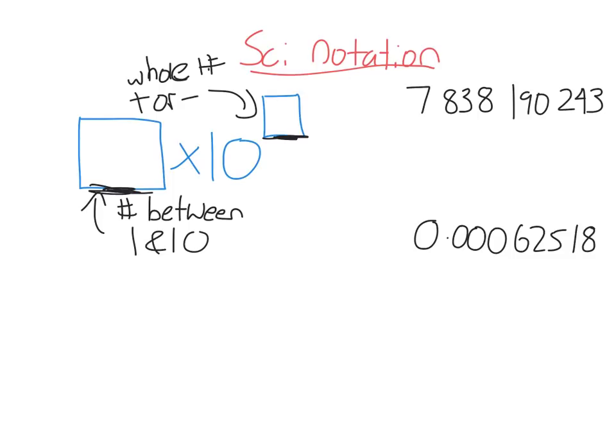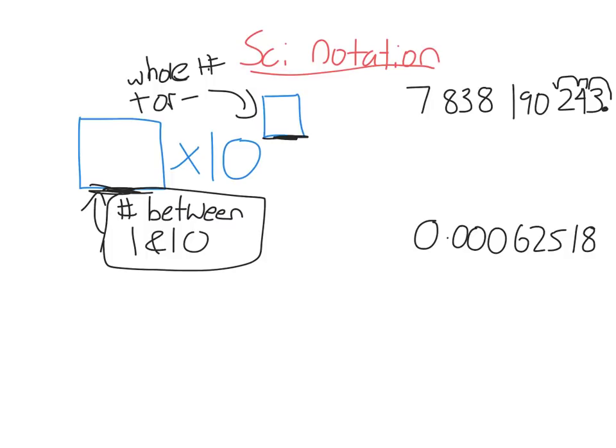So let's look at the first example. How would I put that in scientific notation? Well, you know that it can be written as the same number with a decimal point at the end. We can put the decimal point at the end of whole numbers. What we need to do in order to get the number between 1 and 10 is move the decimal point. I keep moving it until the number's between 1 and 10. If I move the decimal point 1 spot over, the number's still way too big, way bigger than 10.